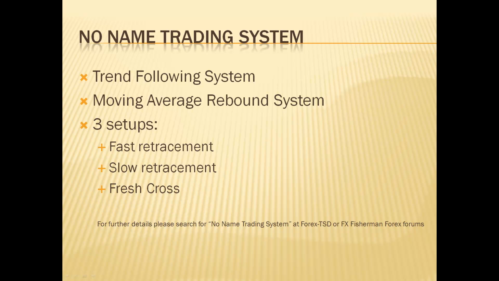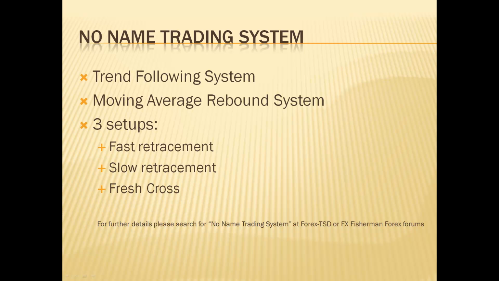Now that I have shared with you some tips and tricks of using Price Master Pro, let us put it all together. For this purpose, I will use one of the strategies that I use on a regular basis, called the no-name trading system. As the name implies, I didn't have a fancy name for the strategy, so I simply didn't give it a name.